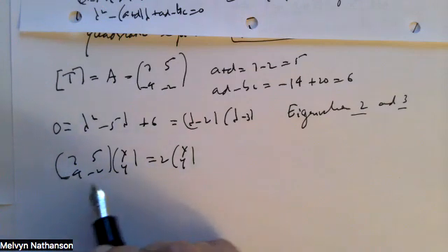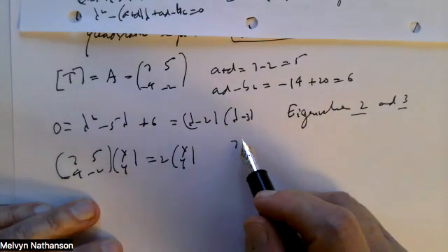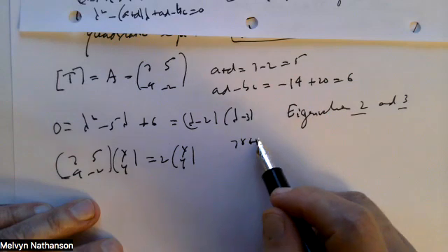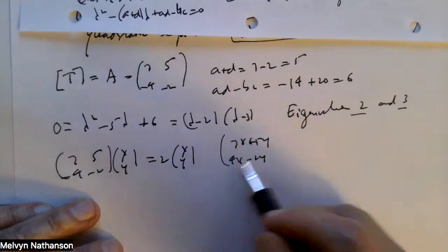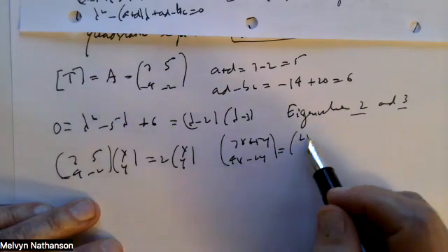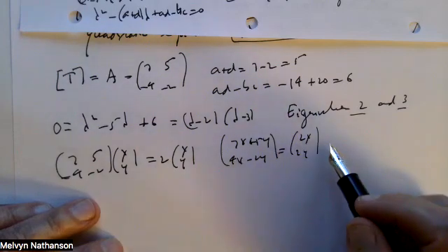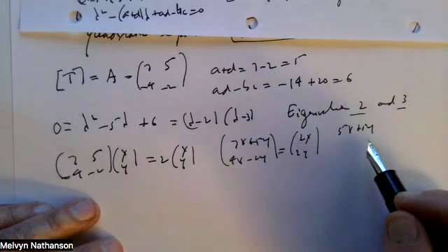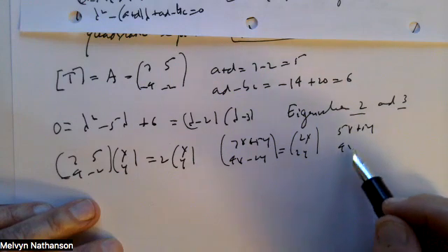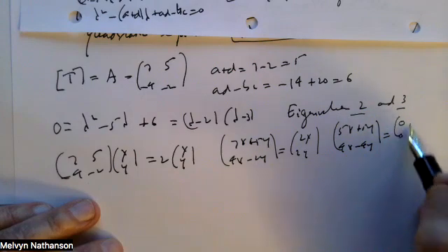If I multiply this out, this is 7x plus 5y, minus 4x minus 2y, equals 2x, 2y. Or if I bring this over to the other side, 5x plus 5y, minus 4x minus 4y, equals 0.